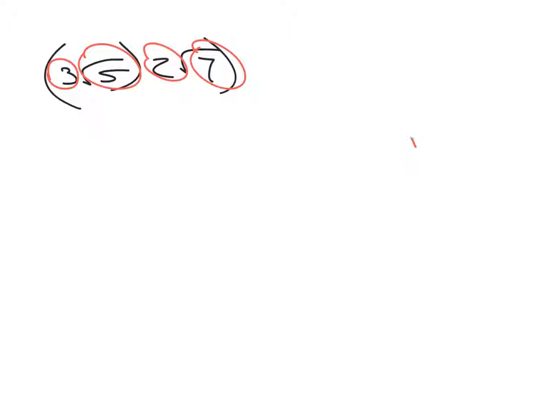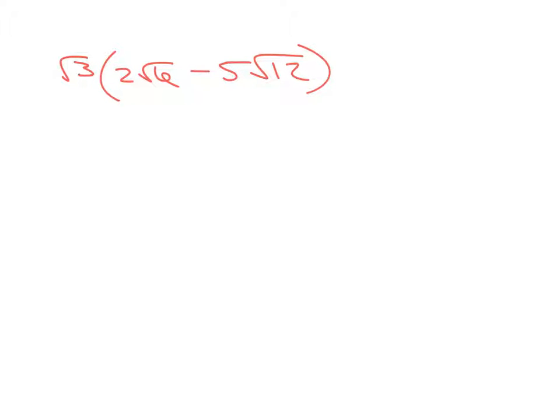Alright, so let's look at that second example. We've got some distributing, but it doesn't really make it any harder. We've got the square root of 3, and we're multiplying that by 2 square root of 6 minus 5 square root of 12. You've got a couple different options here. It's kind of up to you.